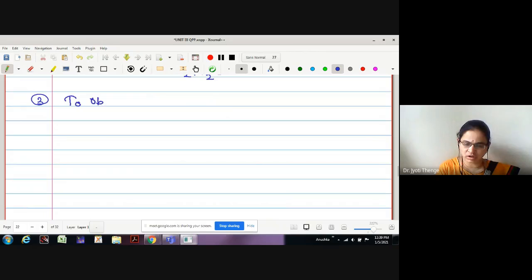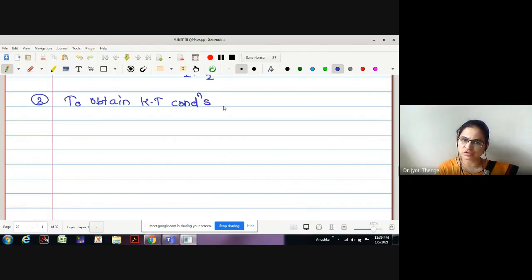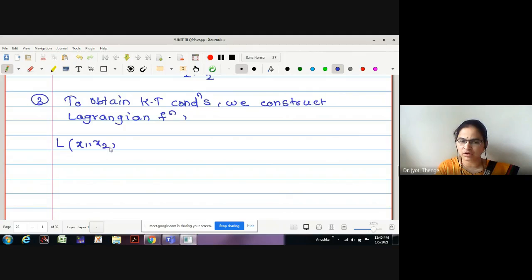Now step 3, we will construct the Kuhn-Tucker conditions. To obtain Kuhn-Tucker conditions, what we have to do first? The Lagrangian function should be constructed. Now you have to tell me how the Lagrangian function is constructed. How many variables will it have? First we will write 2 variables, original x1 x2, then 2 slack for the original constraints, 2 slack for the non-negativity restrictions.